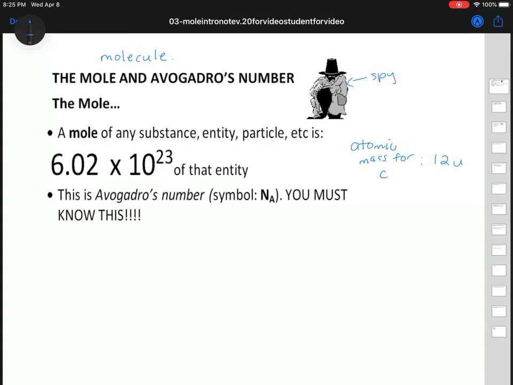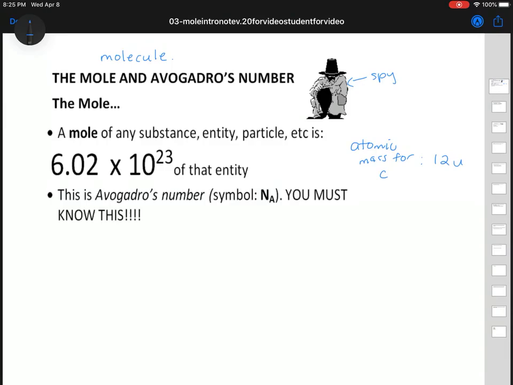Then using carbon as a benchmark, they said if you have 1 mole, a mole is just a unit of measure, like 1 dozen eggs means 12 eggs. An average class size is 30 students, so 1 class is 30 students.